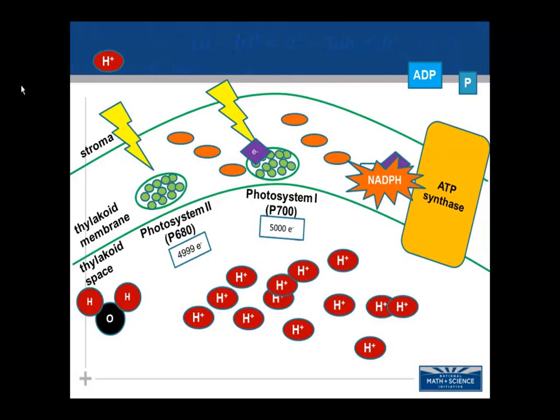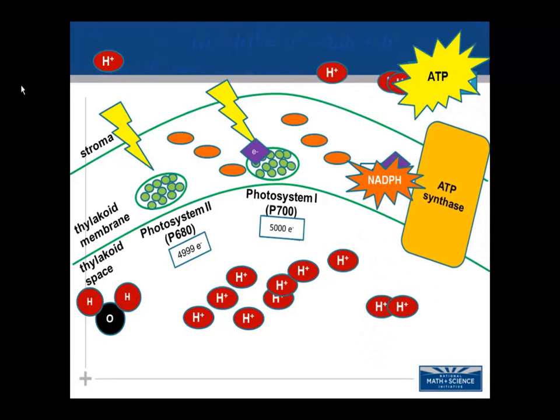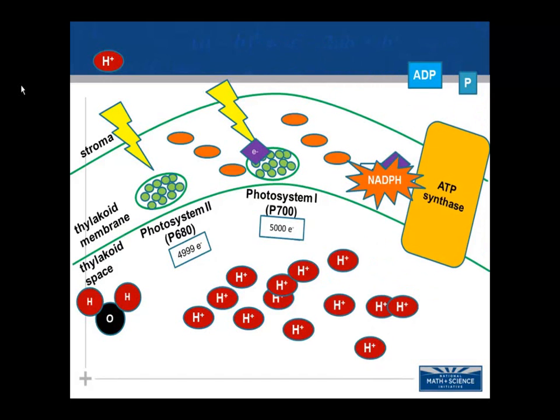We're going to talk about the protons first. Because of this electrochemical gradient, these protons want to move from the thylakoid space to the stroma, and the way for them to do it is to go through ATP synthase.